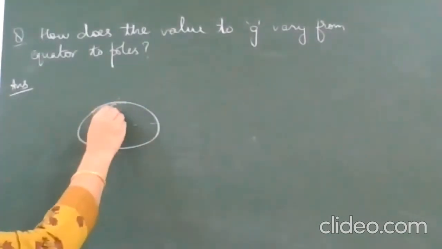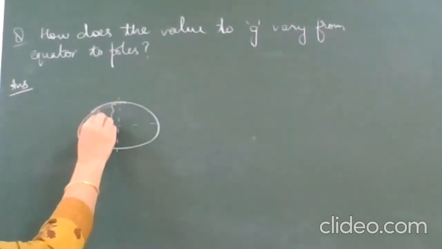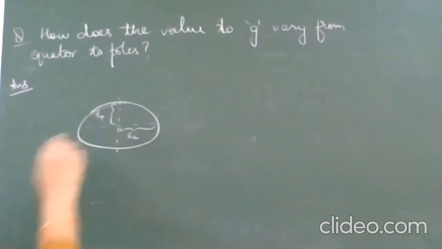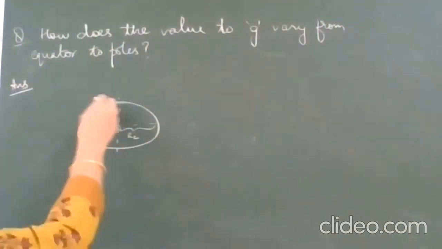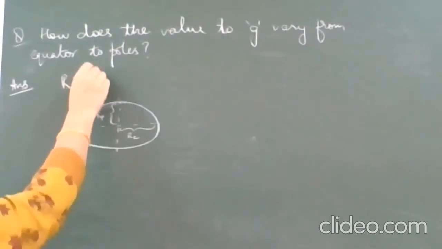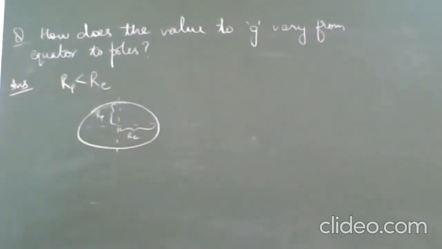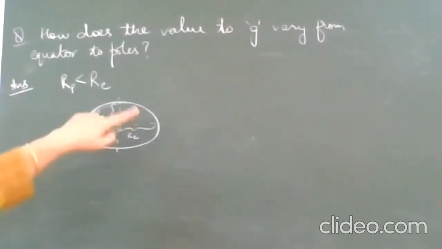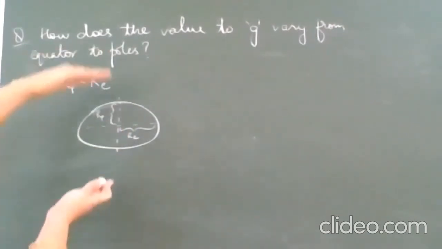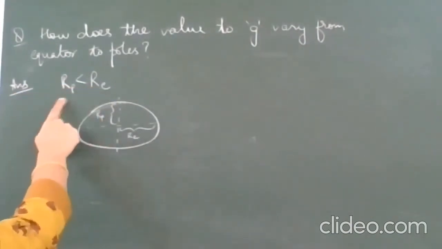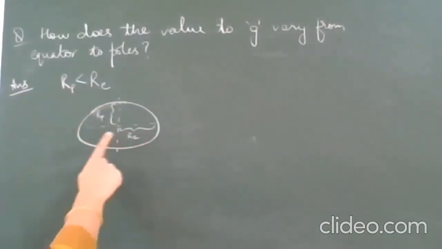The radius along the poles and the radius along the equator are different. The conclusion is that the radius along the poles is less than the radius along the equator. That is because of the shape of the Earth. It's not a perfect sphere. It's oblate. It's flattened near the poles. So due to this shape, the radius along the poles is less than the radius along the equator.